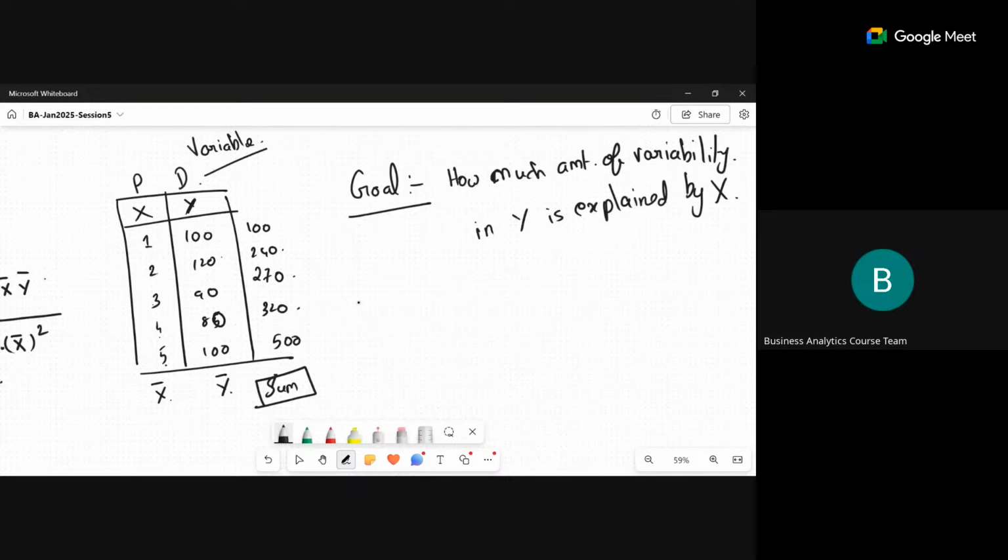Right? Correlation only tells you what variable to be taken. After that, how much it explains is a different question. Correct? So that is how you build models. You want to build models such that you are able to capture the maximum amount of variability in the dependent variable, which is Y. Okay?